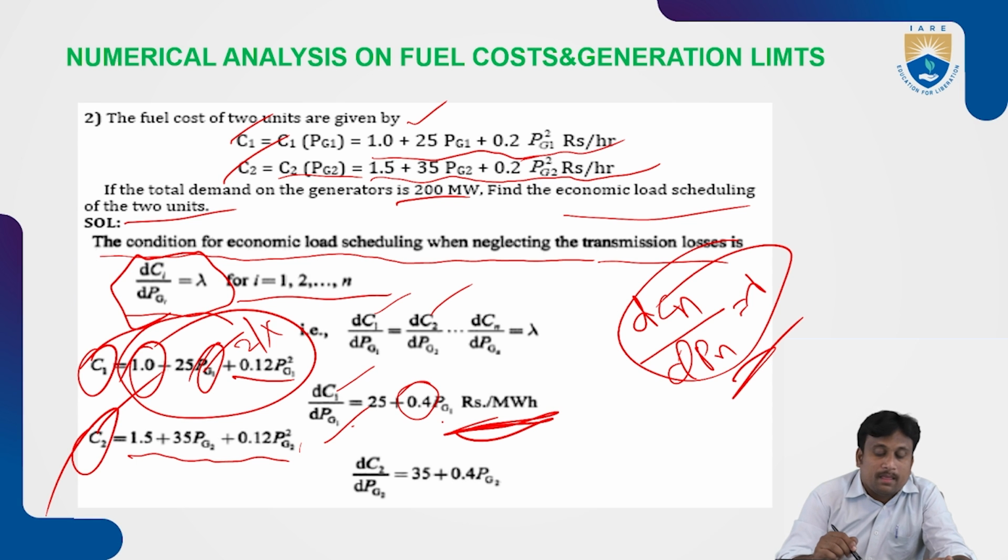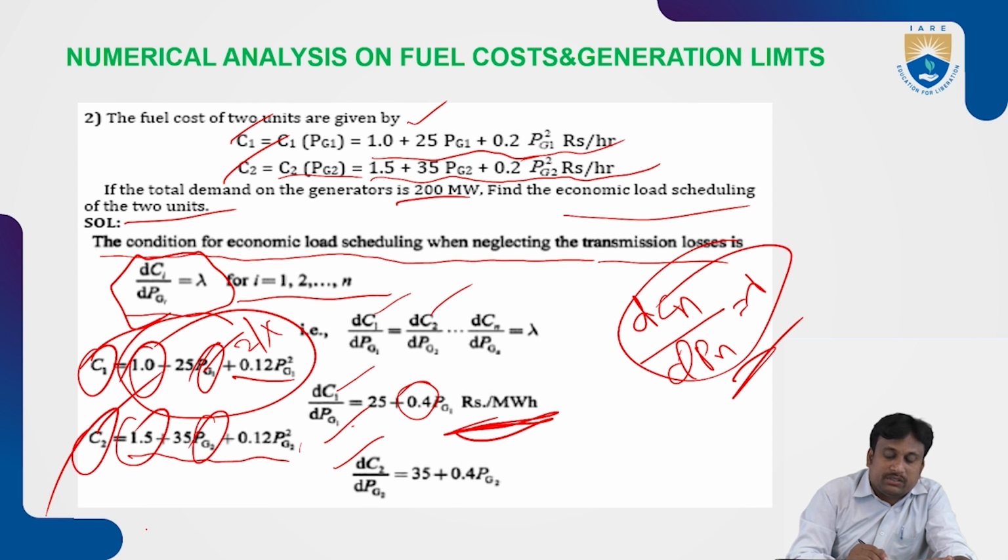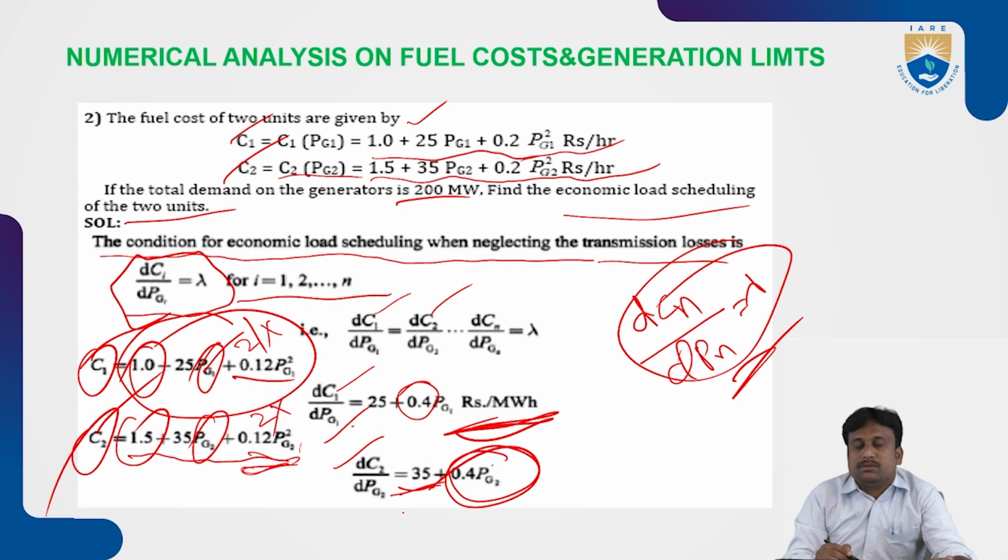megawatt hour. Similarly, dC2 by dPG2. So 1.5 is 0. So this 35 PG2, if PG2 is 1, you are left with only 35, and 0.12 PG2 square becomes 2 into 0.12, that means 0.24 PG2.